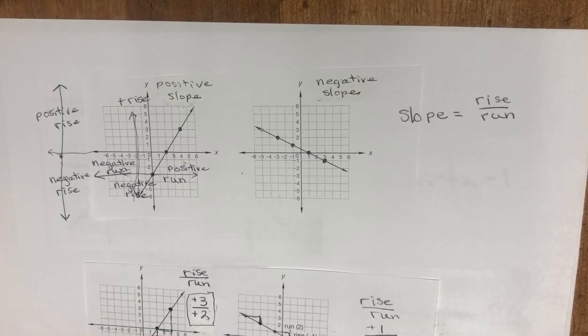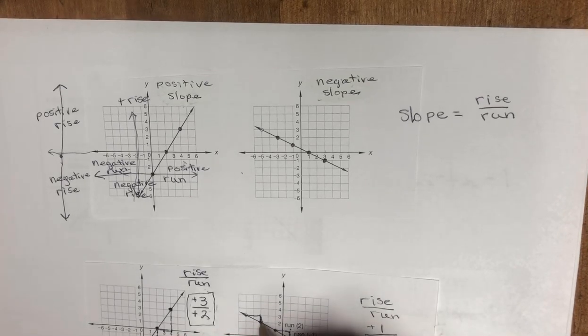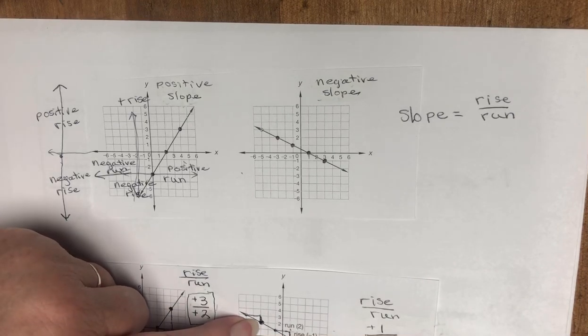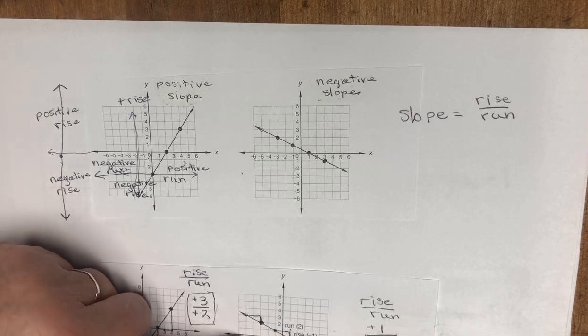So now the question is, does that work in the negative? Well, let's take this dot and this dot, okay? So now my run's going to the left, so it's going to be negative. 1, 2, 3, 4, 5, 6. So I have a negative 6 on the bottom. My rise is going to be positive. 1, 2, 3.